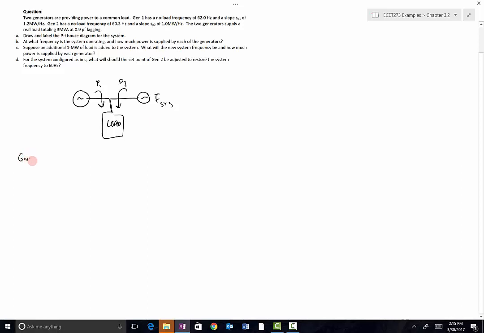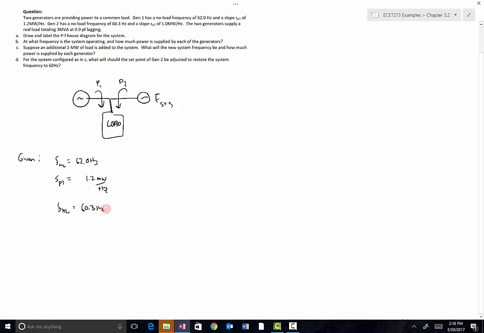Let's summarize the givens. From the problem statement, generator 1 has a no-load frequency, where the generator set point is at 62.0 Hertz. Its slope characteristic, its frequency droop characteristic as it's often called, SP1, is equal to 1.2 megawatts per Hertz. And then the second generator's no-load frequency set point is 60.3 Hertz, so a bit lower.